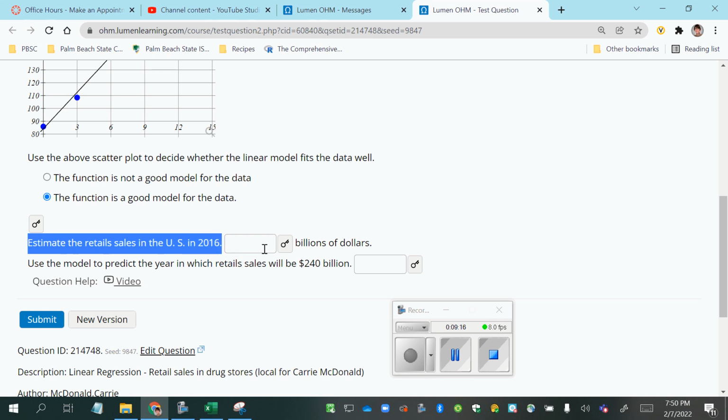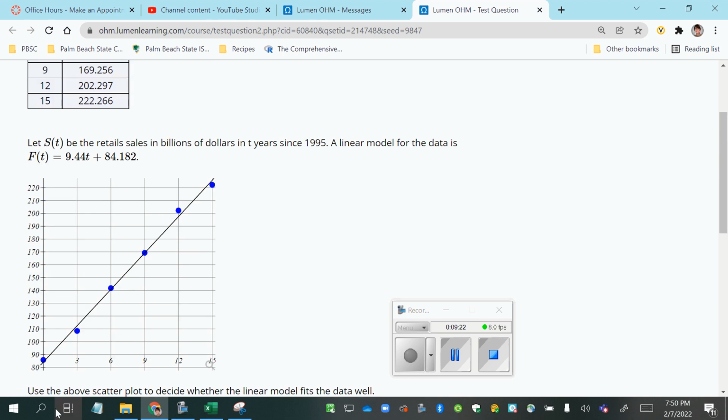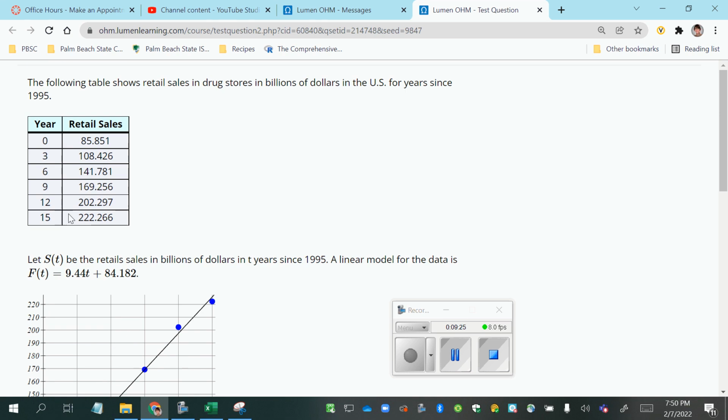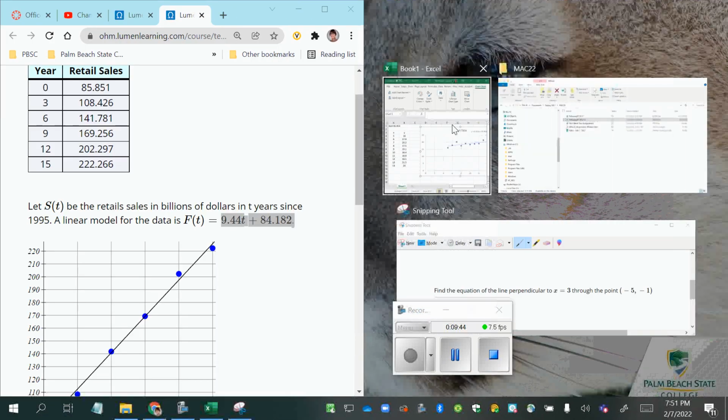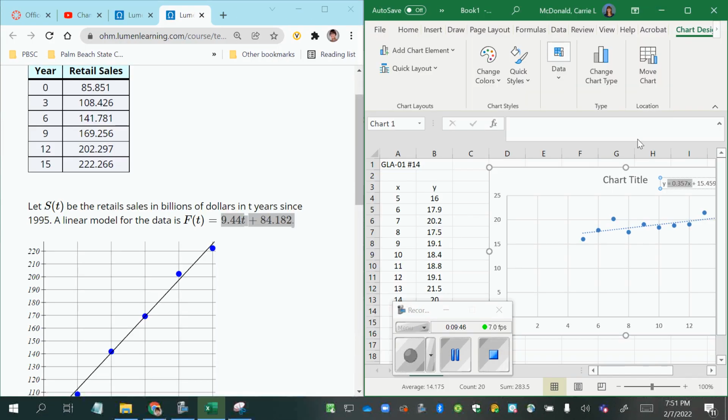So we're going to come up with a number of billions of dollars that would have been sold in 2016 based on the trend that we're already seeing in these given ordered pairs. But we're going to use this model, so we don't have to come up with the regression line ourselves. We're just using it to answer the questions. So we're going to do some good old-fashioned algebra type stuff here. We're going to take our linear model and go ahead and use Excel side by side here.